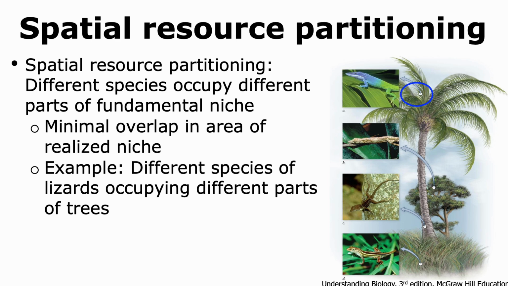For yet another species of lizard, their realized niche is going to be where the leaves of the tree are, whereas another species of lizard resides in another tree altogether. Thus, the different species of lizards have occupied different realized niches in the same fundamental niche, and by doing so are able to coexist.